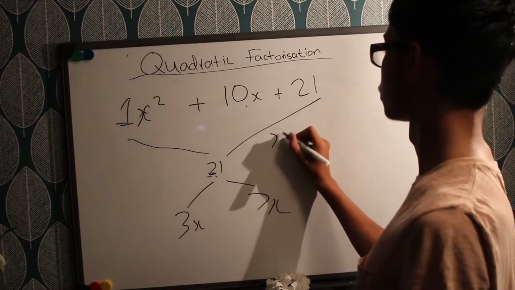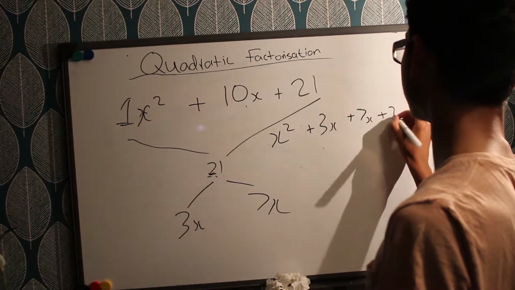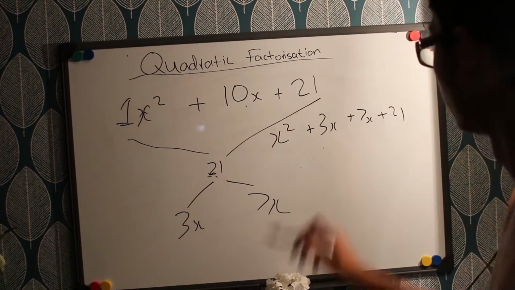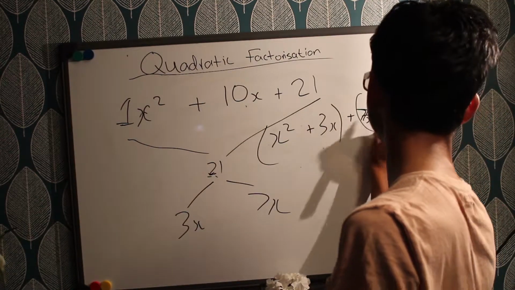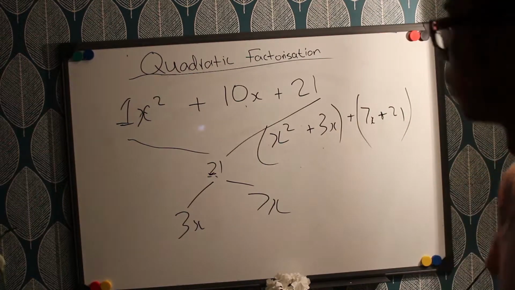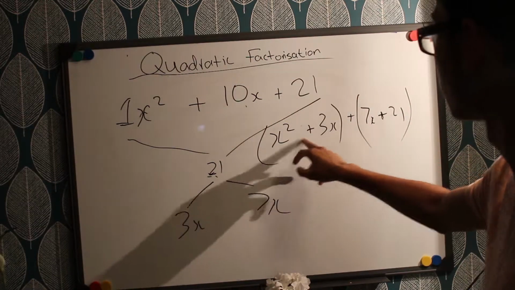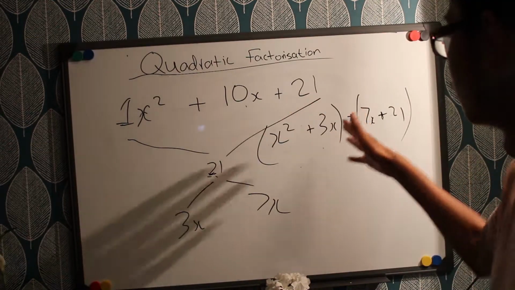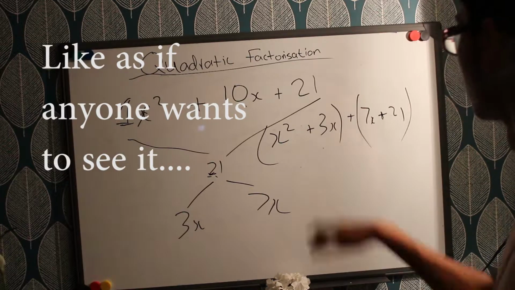So we write x squared plus 3x plus 7x plus 21, and we separate it into two brackets.